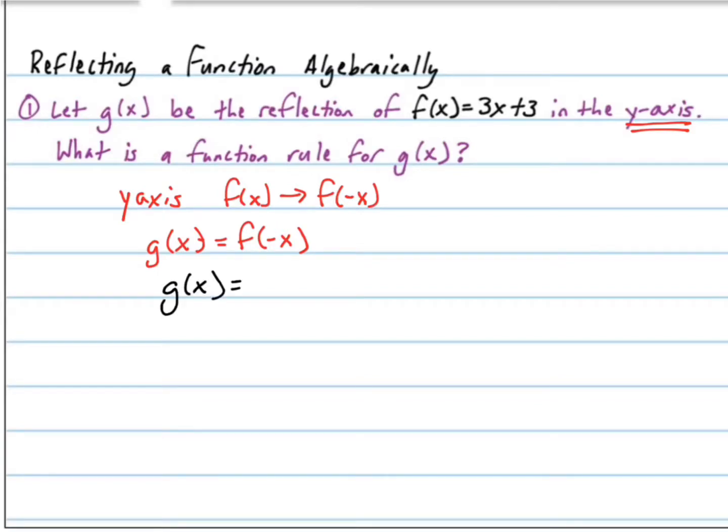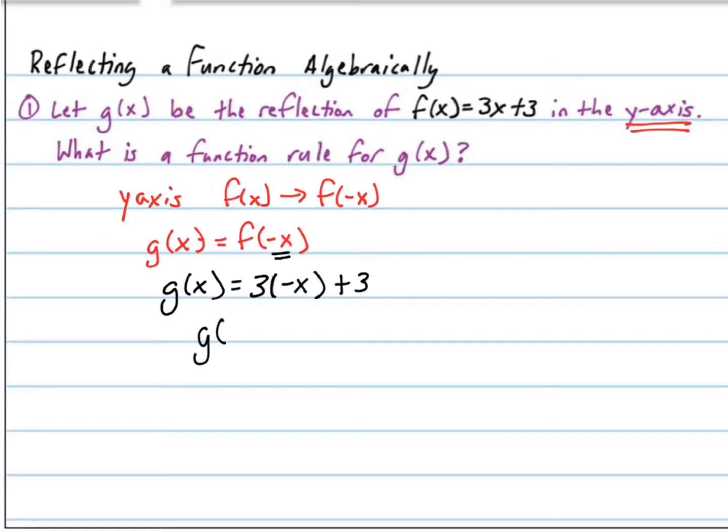We already know f of x equals 3x plus 3, but we need to make our input, our x value, negative. So we're going to write it as 3 times negative x plus 3 because we're changing the x value since we're reflecting over the y-axis.